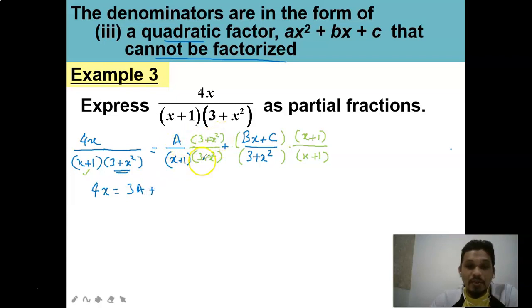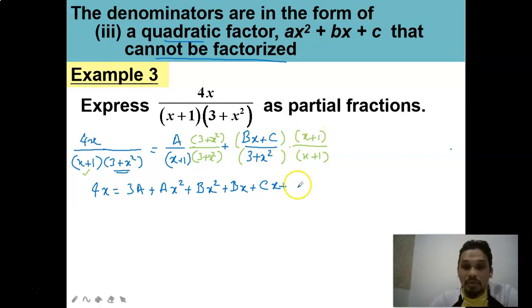A times x² equals Ax². Bx times x is Bx². Bx times 1 equals Bx. C times x equals Cx.